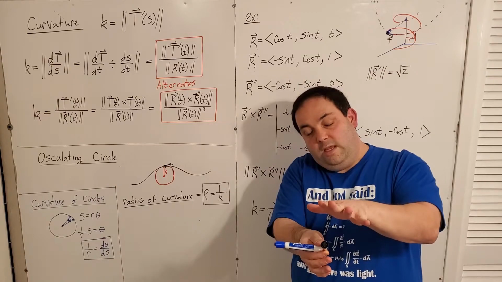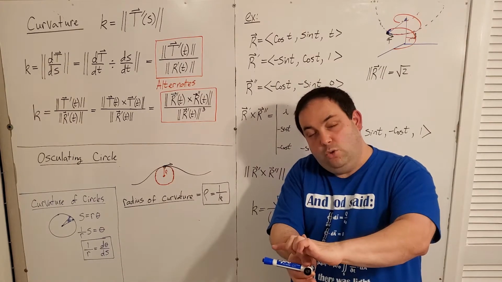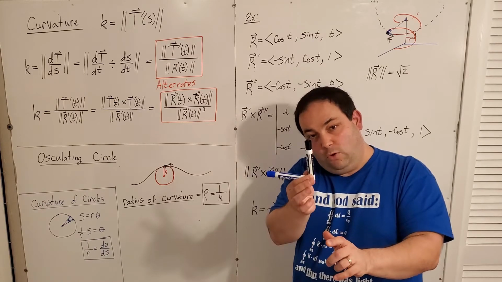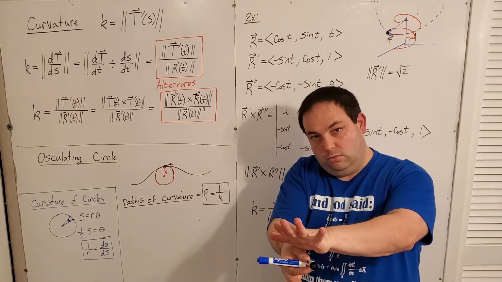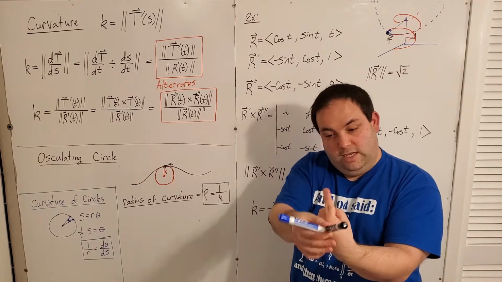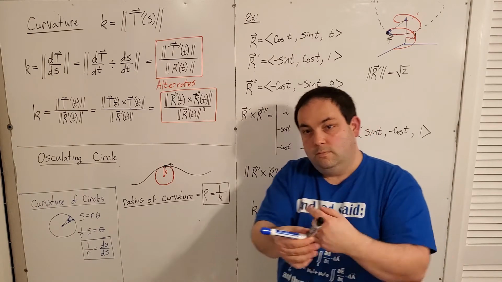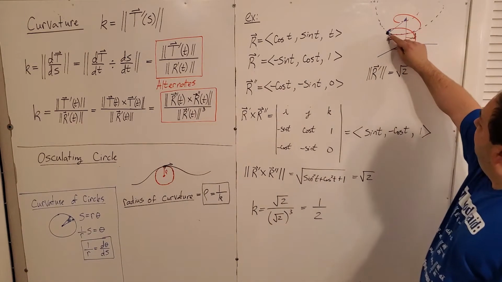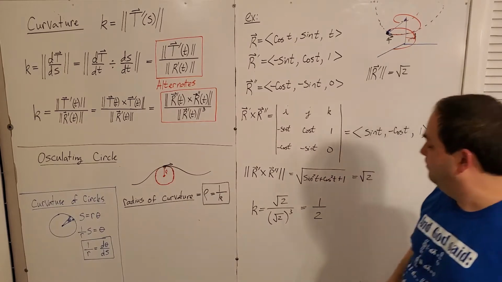So the TN plane, the unit tangent, the unit normal, the plane that those two make is always the plane that the oscillating circle resides in, which means the B vector is always going to be perpendicular to the oscillating circle, right? And it's going to fit into the nook of the curve there, okay?